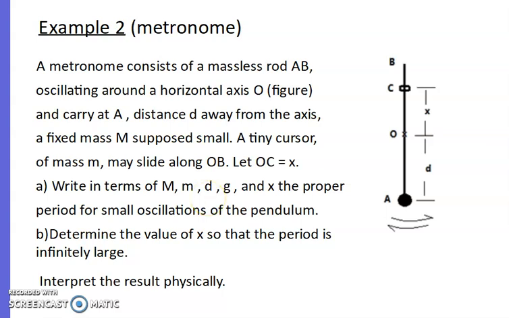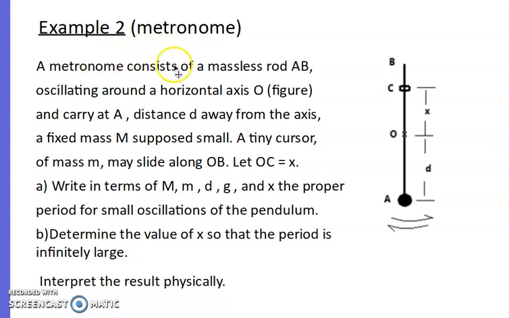In this video, I will make a direct application on how to calculate the period of oscillation of a compound pendulum. Now in this example, we have a device called a metronome.